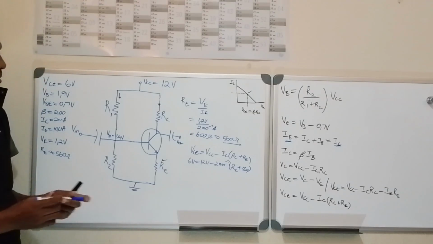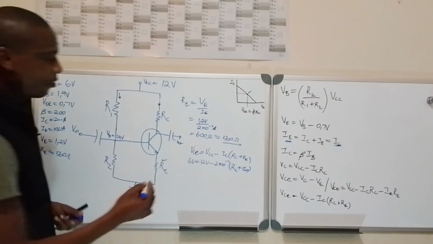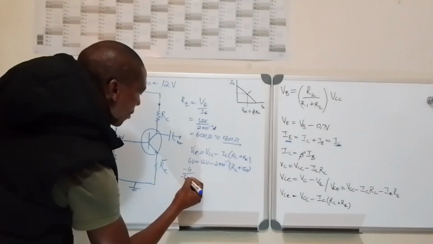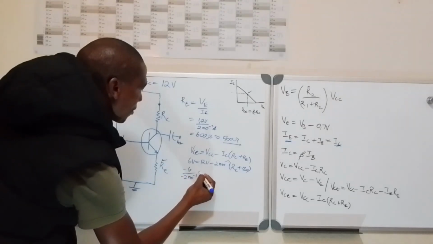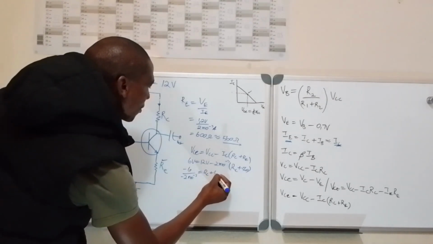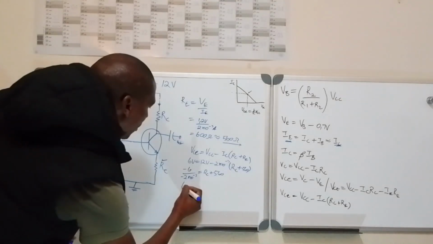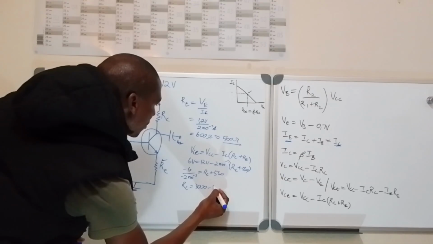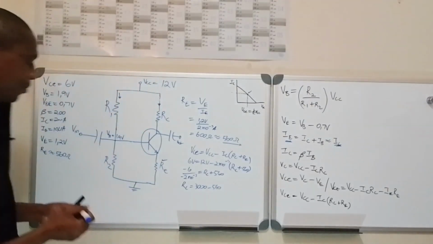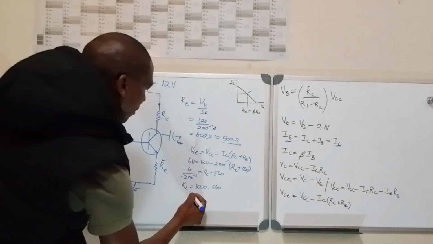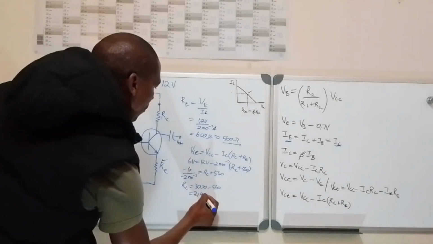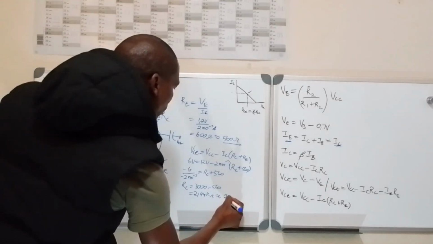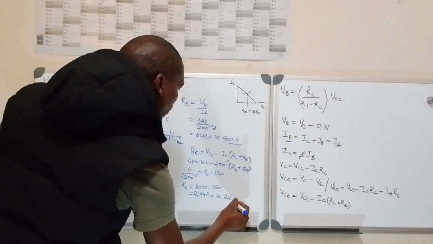Let's get back to work. 6 minus 12 is minus 6, all over 2 times 10 to the power minus 3, is equal to RC plus 560. RC is equal to 3000 minus 560, and then we get 2.44 kilo ohm, which is approximately 2.2 kilo ohm.